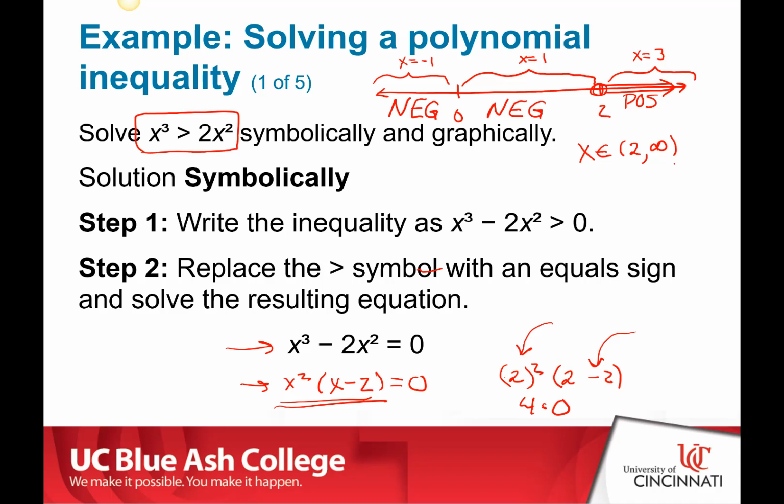Okay? Does that make sense? Anything higher than 2 will work. That's it. Anything bigger than 2 will work. Does that make sense to everybody? Another way to write this is x is greater than 2.